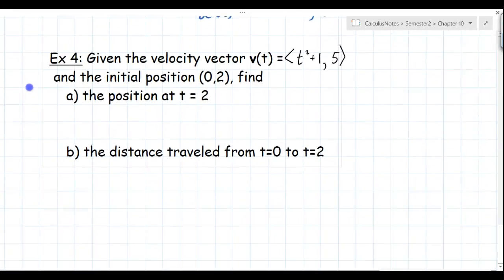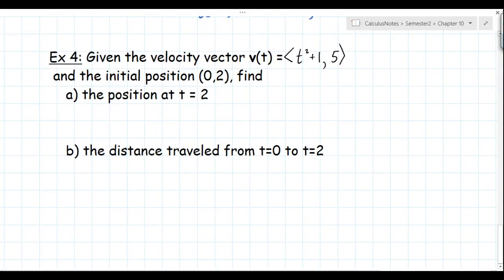Okay, go ahead and try the last problem, example 4. Given the velocity function, find the position at time 2 and the distance traveled on the interval from 0 to 2. Okay, to find the position at time 2, we're looking for the vector r of 2. We're going to do the initial position, the initial x plus the net change in x.